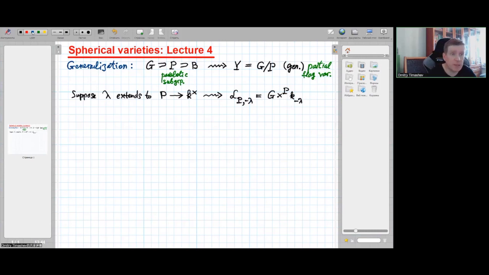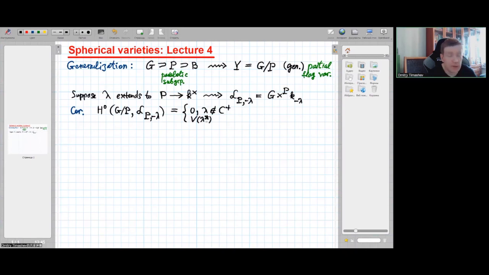And the following statement is actually a corollary of the Borel-Weil theorem: the space of sections of this line bundle over G mod P is again either zero, which is the case if lambda does not belong to the positive Weyl chamber, or it carries an irreducible representation of G dual to that of highest weight lambda.